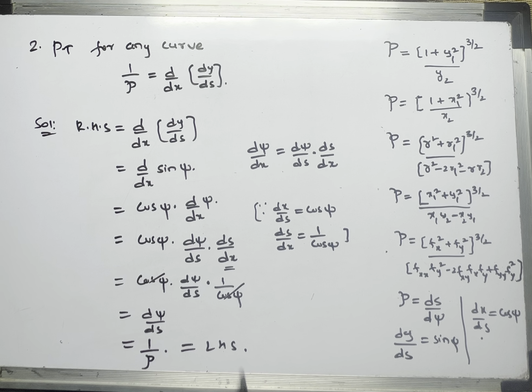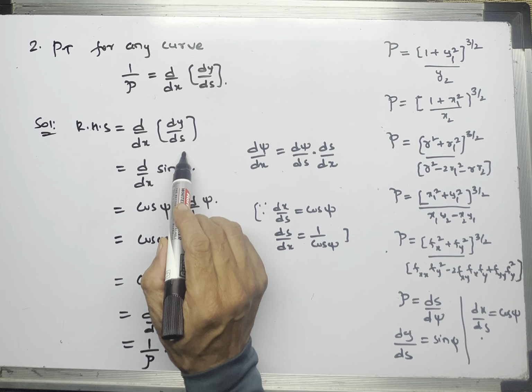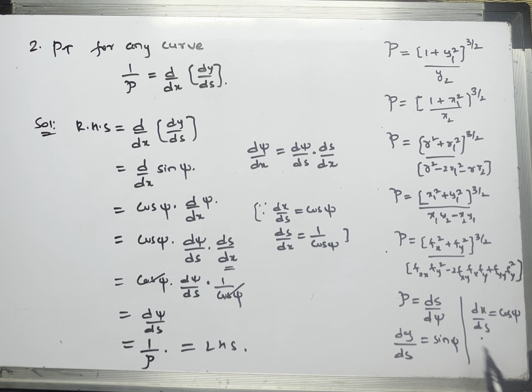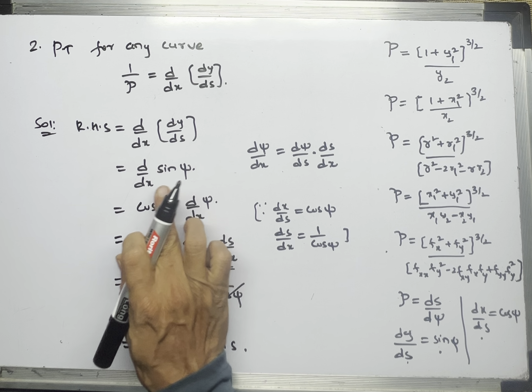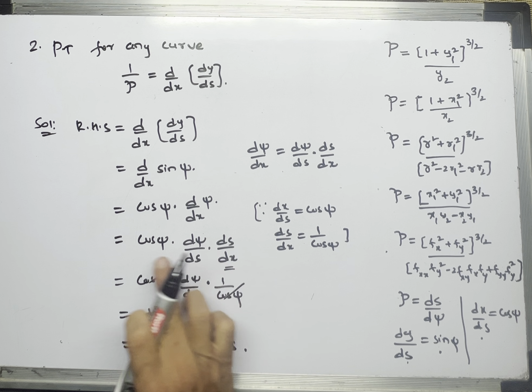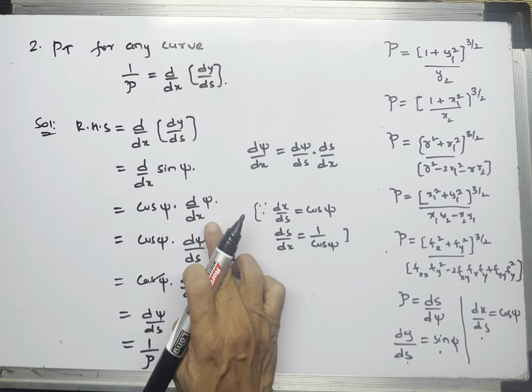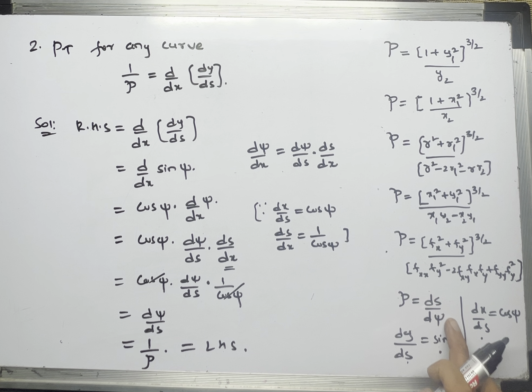Check once again. We started by taking the RHS, d by dx of dy by ds. What you have to remember is that dy by ds is sin psi. Then differentiate by taking the inner function also. After differentiating, we find d psi by dx. But the radius formula is ds by d psi, so s must be present.